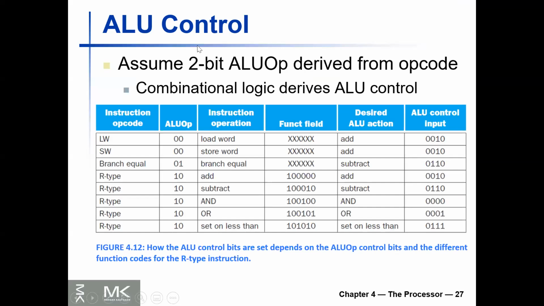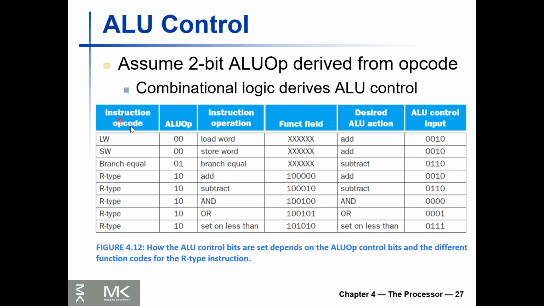So assume, let me just take the pointer. Okay, so here assume 2-bit ALU op, this is ALU opcode, okay, 2 bits only, derived from the opcode basically. Combinational logic drives the ALU control.